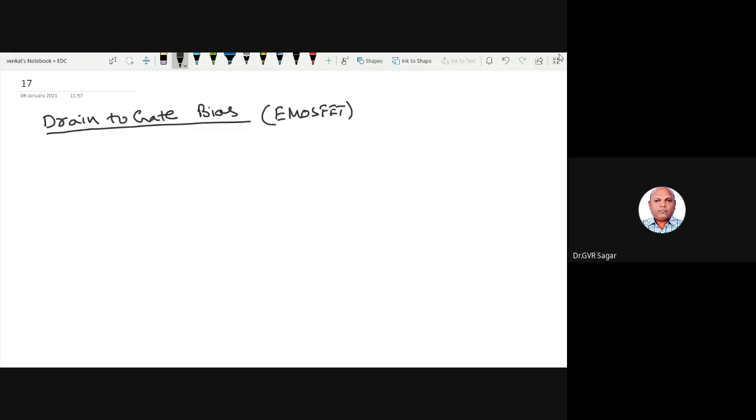So the circuit is quite simple here. The VGG of positive voltage is given to the EMOS. This is for EMOS. EMOS can be replaced by a transistor symbol.